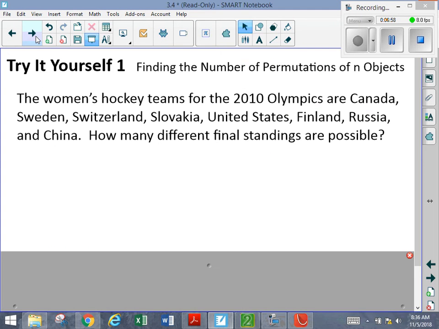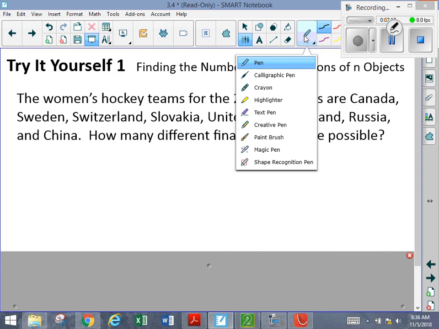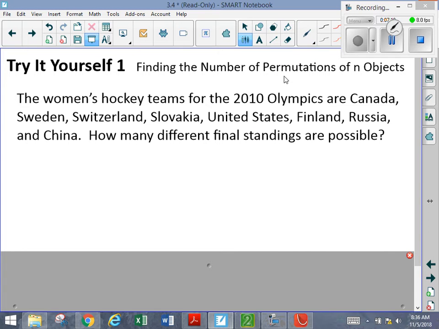Let's do it again. All right, so women's hockey teams for the 2010 Olympics are Canada, Sweden, Switzerland, Slovakia, United States, Finland, Russia, and China. How many teams are there?